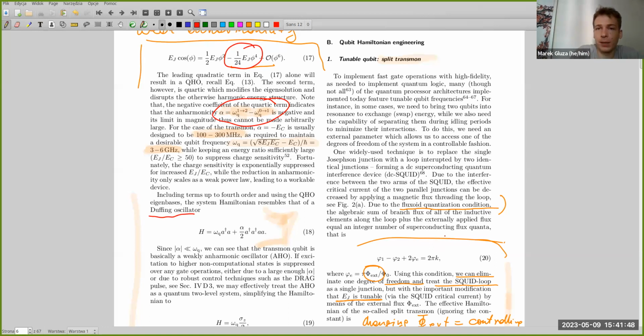Okay, one thing that is essential is that in the circuitry, it depends how many Josephson junctions you put. The Josephson junction acts as a nonlinear inductor. That's important.